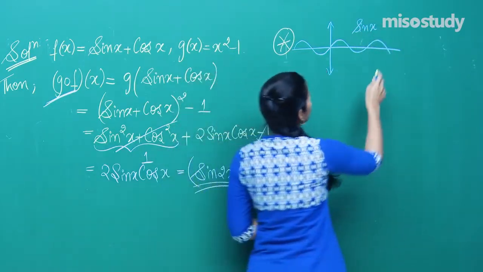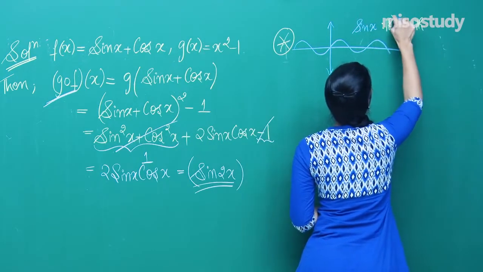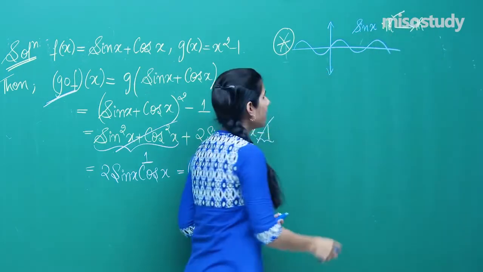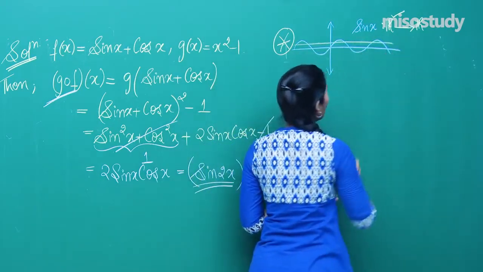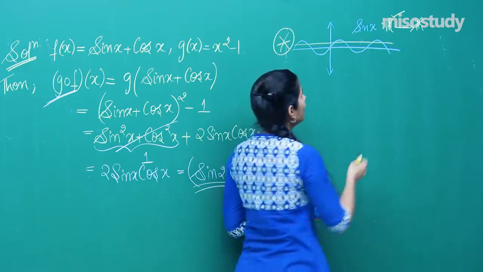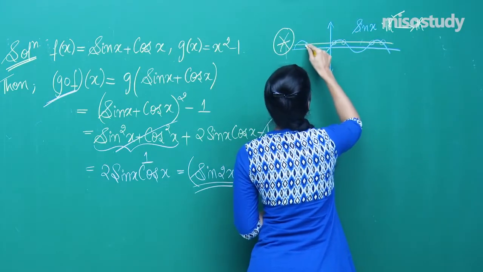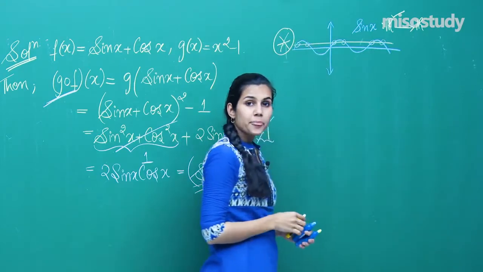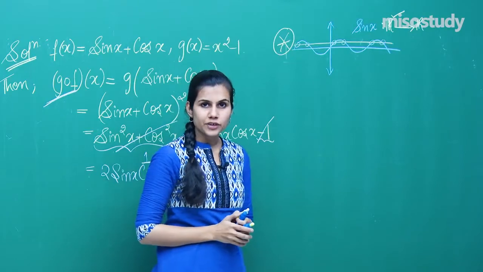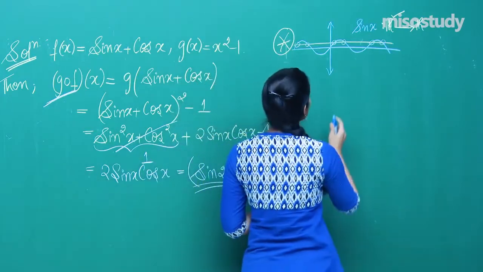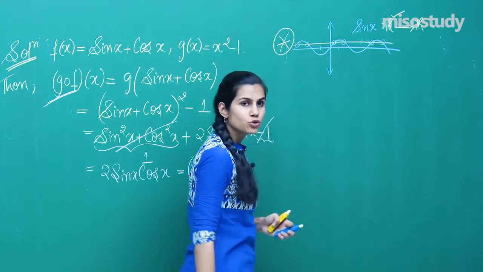Because if you take the domain to be the collection of all reals, then it does not pass the horizontal line test. Any horizontal line that you draw cuts the graph at infinitely many points. And thus we use the method of restriction to make sine invertible. We restrict sine to the interval minus pi by 2, pi by 2.